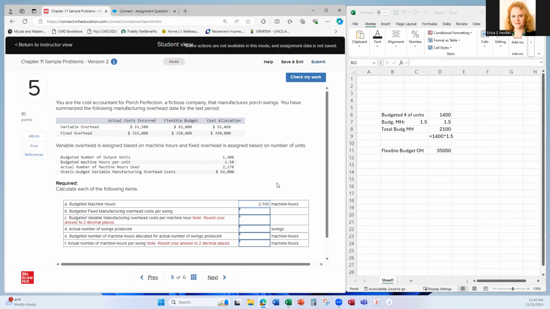And let's see, we allocated, actually, so our actual number of units would be the same number of units here, 1,400, because what we allocated was the same as the flexible budget. So we're going to assume that if we've got our budgeted number of units as 1,400, that we are going to divide by that.